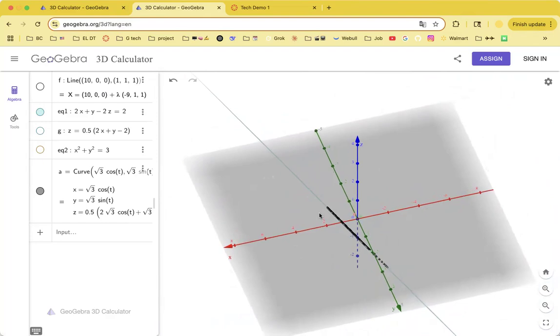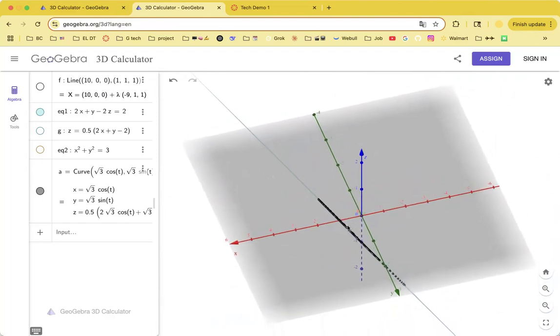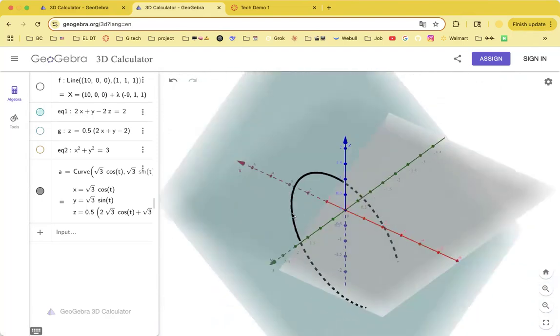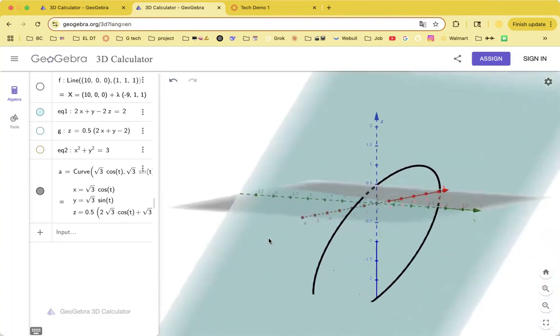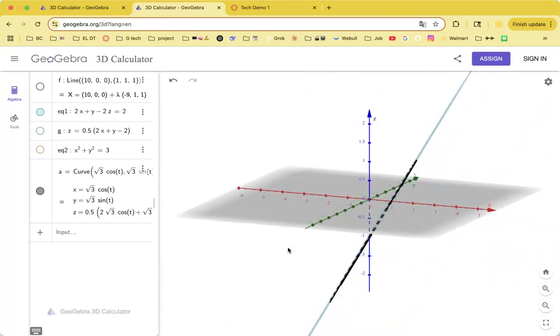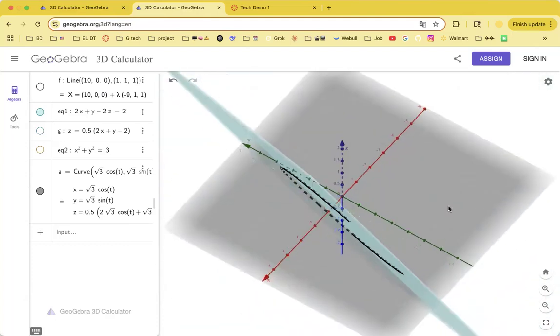So we can exactly see the ellipse is on the plane, which means it intersects the plane too. So from the other side, let me make it clear. Okay, there you go. It looks like a line, which means it intersects exactly on the plane.